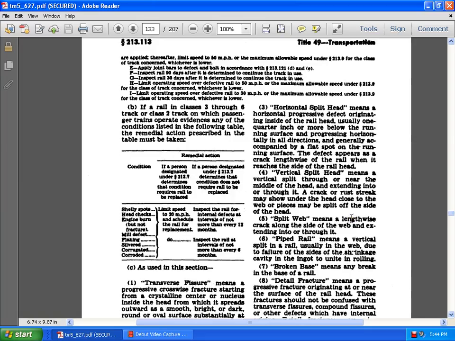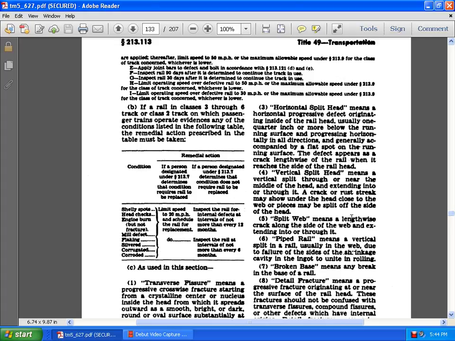Horizontal split head means a horizontal progressive defect originating inside of the railhead, usually 1/4 inch or more below the running surface, progressing horizontally in all directions, generally accompanied by a flat spot on the running surface, and defective as a crack lengthwise in the rail when it reaches the side of the railhead.